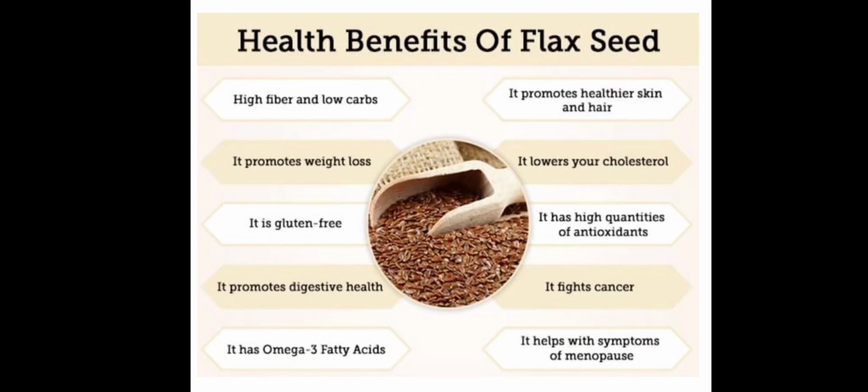A tablespoon, that is about 10 grams of whole flax seeds, contains about 55 calories, 4 gram fat, 3 gram carbohydrate, 2.8 gram fiber, 2.4 gram omega-3 fatty acid and 1.8 gram protein. Flaxseed contains a plant-based compound known as alpha-linolenic acid, that is ALA.